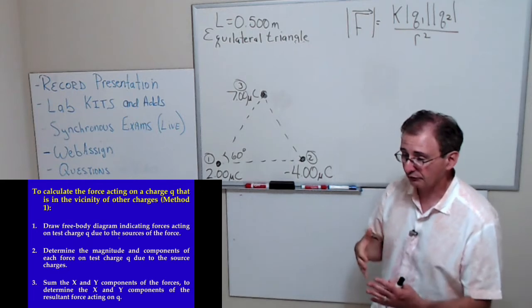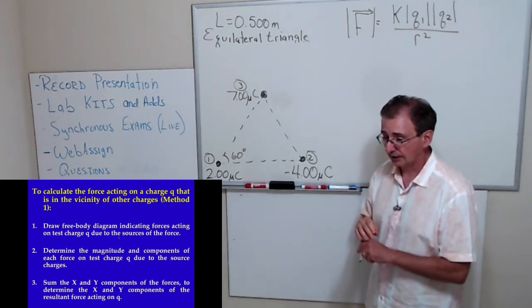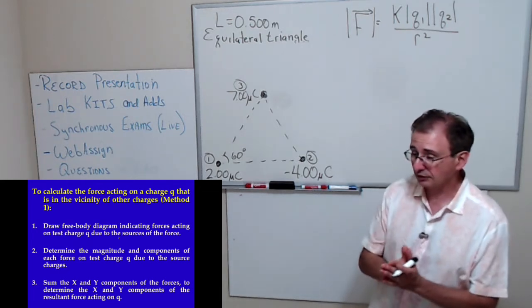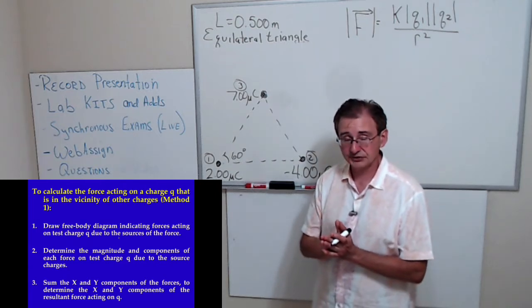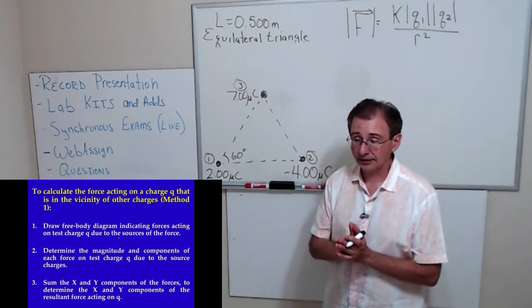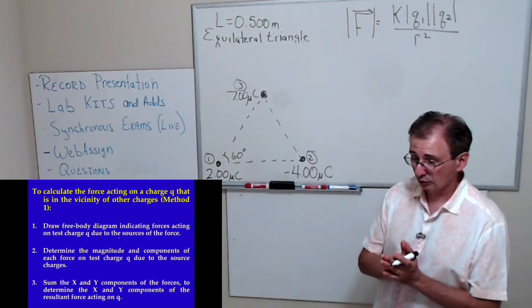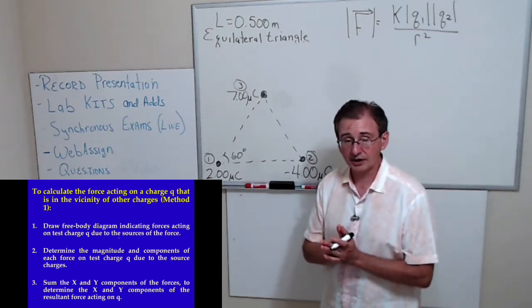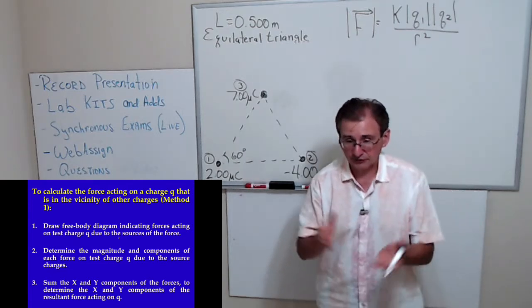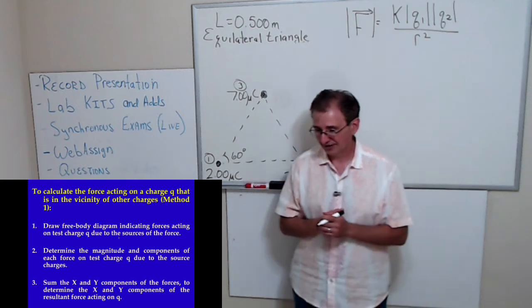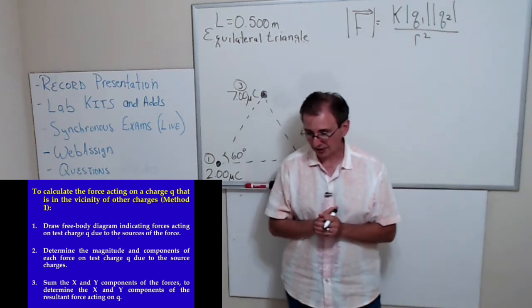Then after I draw the free body diagram, I'm going to find the magnitude of all the forces. And then I'm going to resolve all the forces into their x and y components. This is Physics 205, your Physics 1 class.